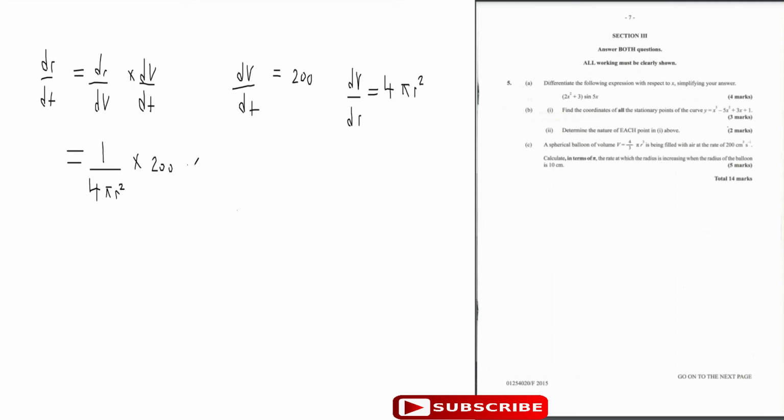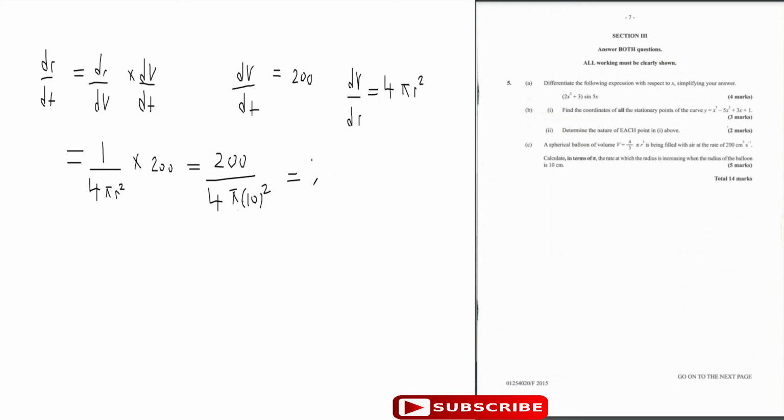And then all we have to do now is plug in r as 10, because it says put r as 10. So it works out to be 200 divided by 4 pi times 10 squared, and 10 squared is just 100. So dr by dt is 200 divided by 4 times 100, that's a half.